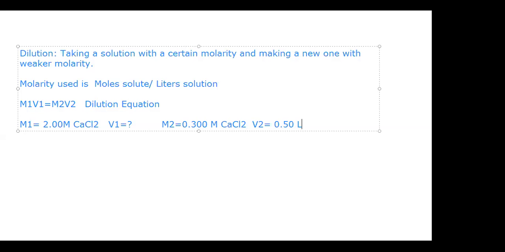Now all we need to do is plug it in and chug along. So we have 2.00 molar times V1, which we don't know, equals, in parentheses, 0.300 molar times 0.50 liters.